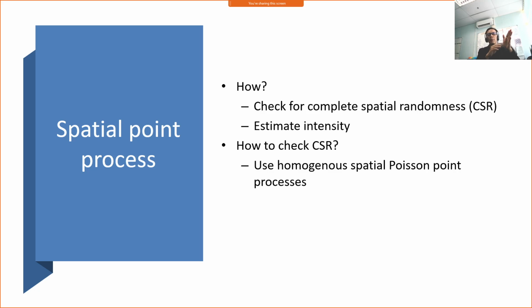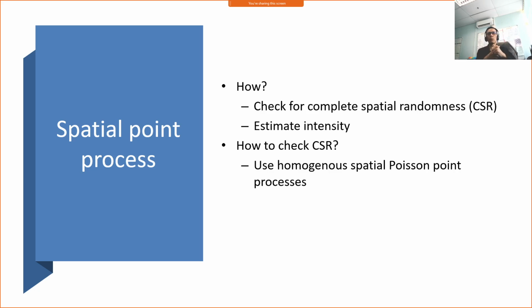If it happens by random, then you say this happened by random. If you can show that it happens non-randomly, then you can say that there is a spatial process that affects the transmission of the disease, for example.